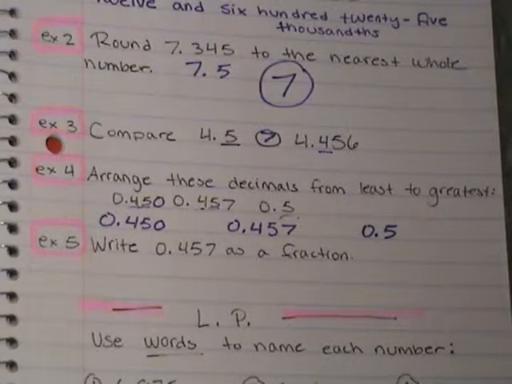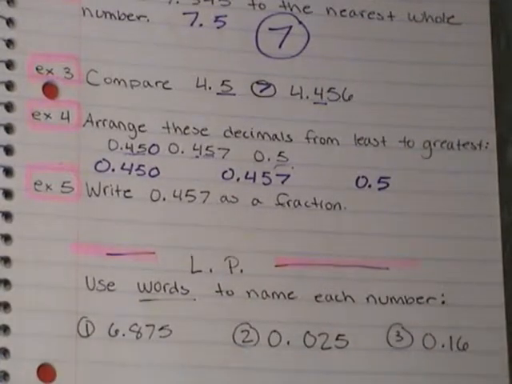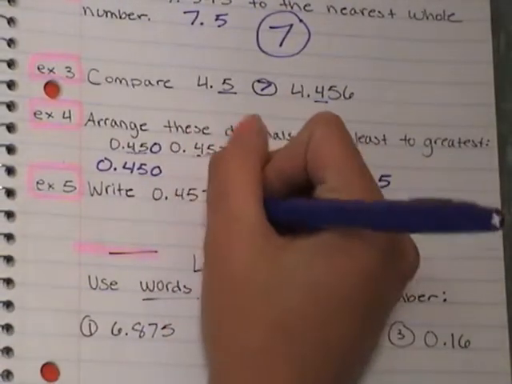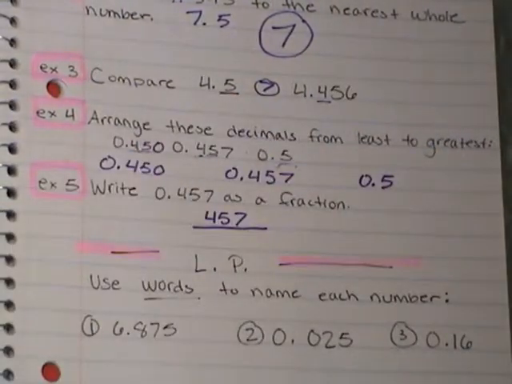The next one, and the last one: write the decimal 457 thousandths as a fraction. When you say that name out loud, it tells you what to put the number over. So when I'm making my fraction, this is going to be on top, and I'm trying to find my bottom number.